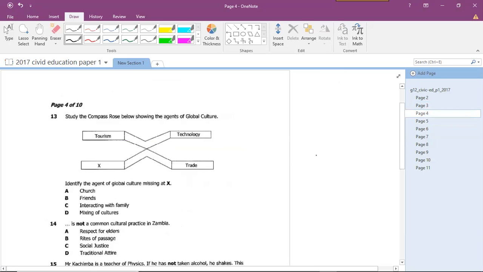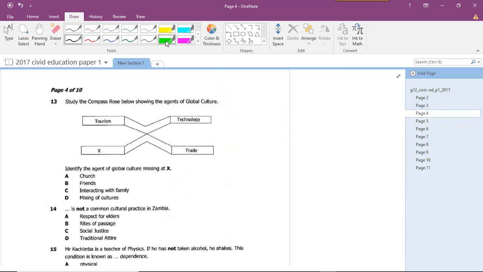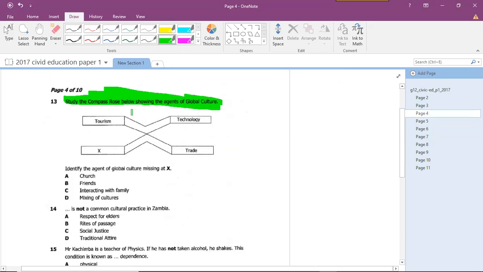So let's go to question 13. Question 13 is interesting. Study the chart below showing the agents of global culture. Agents of global culture are things that are highly integrated into society, and they govern how people behave, how they act, how they treat others.